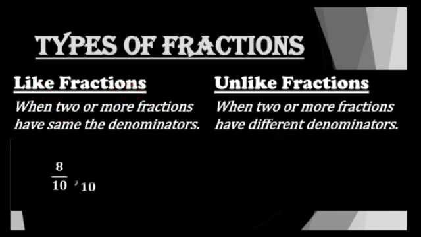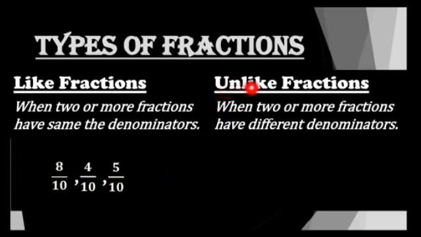Example, 8 by 10, 4 by 10, 5 by 10. You can see here the same denominator. The denominators of all these fractions are equal. So we can say that these are examples of like fractions.